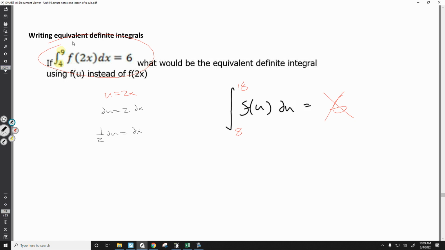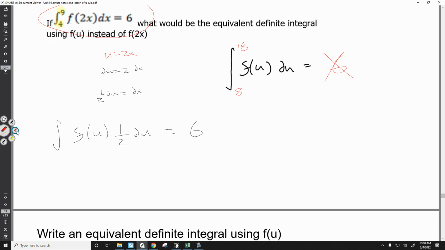You have to substitute in. This turns into f of u times 1/2 du. This still equals 6 for now. And yes, you do change your boundaries because you change your bases. Your boundaries change to 8 and 18.